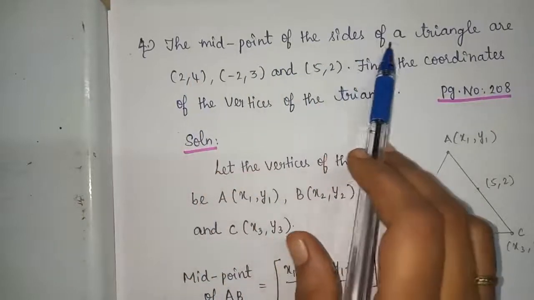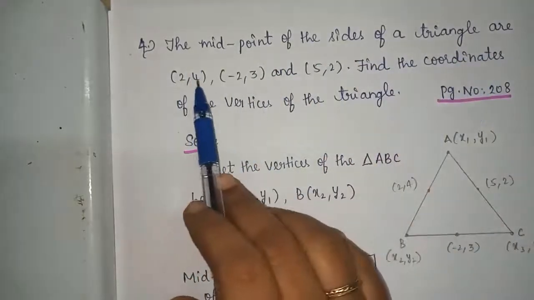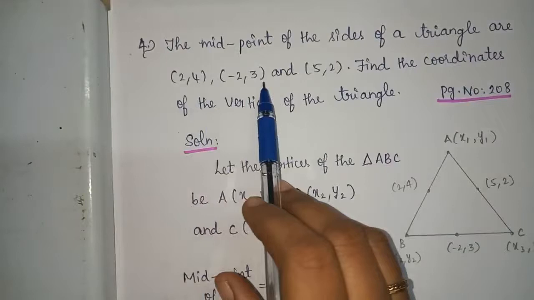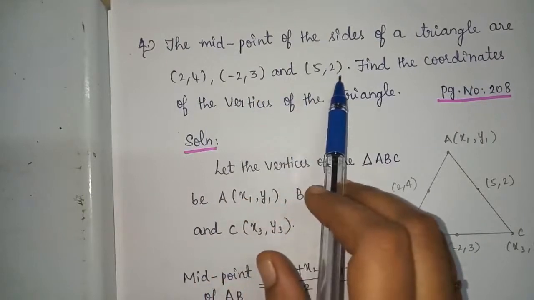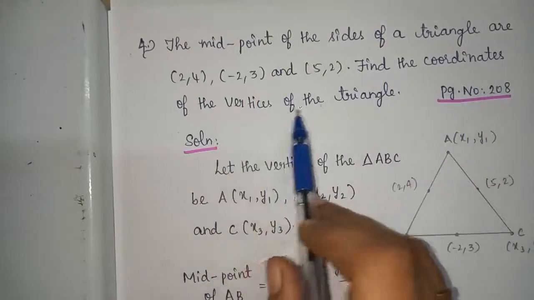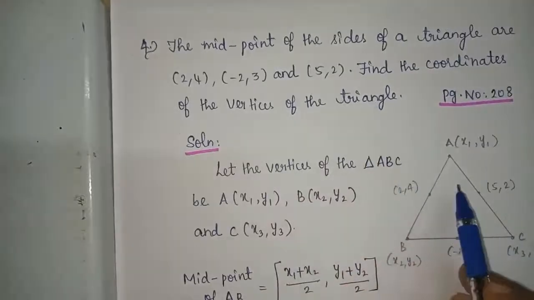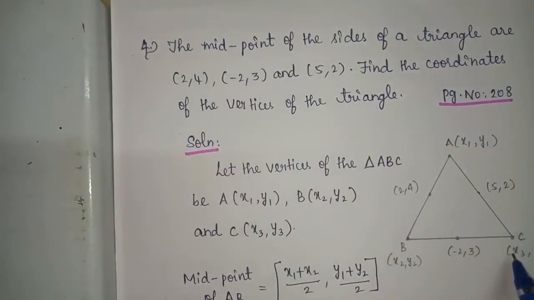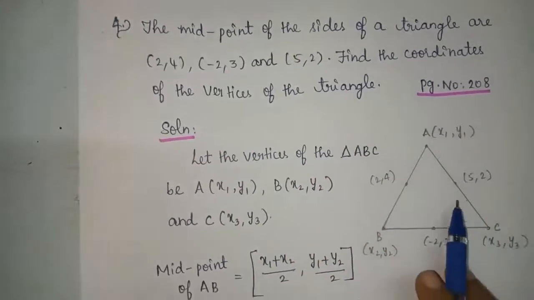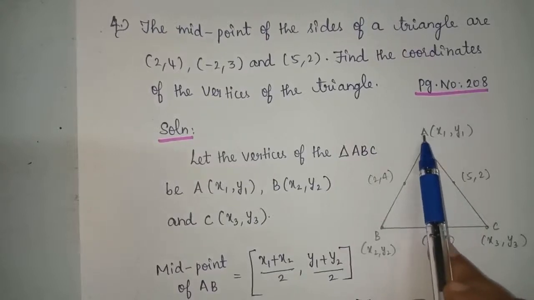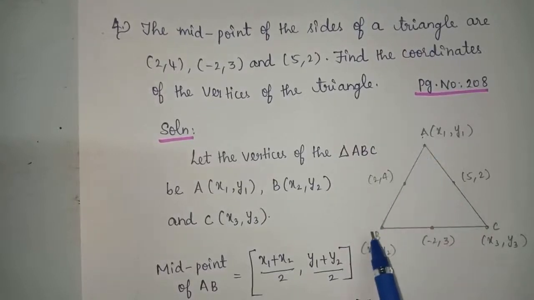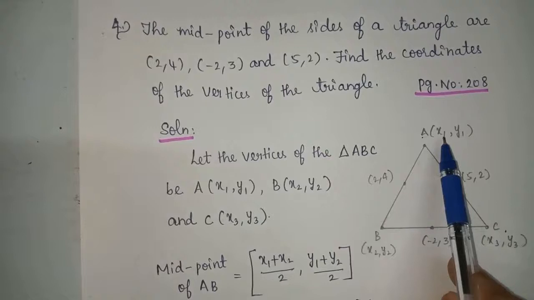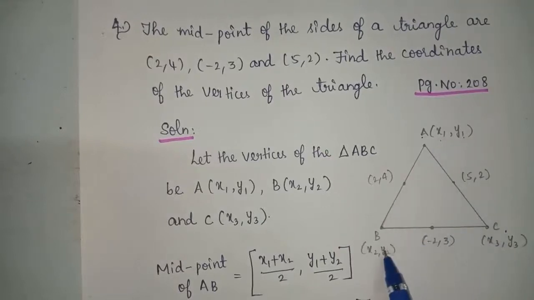Exercise 5.3 problem number 4. The midpoint of the sides of a triangle are 2, 4, minus 2, 3 and 5, 2. Find the coordinates of the vertices of the triangle. So here let us consider one triangle. We don't know the vertices of the triangle. So let it be the vertices A, B, C or x1, y1, x2, y2 and x3, y3.